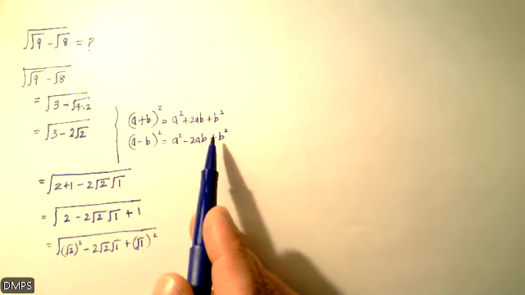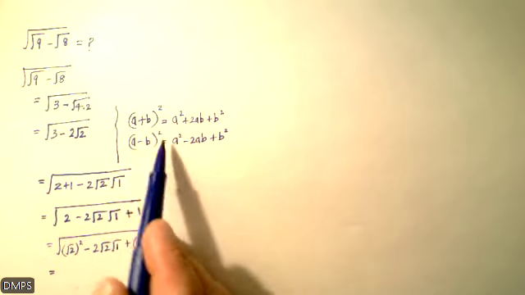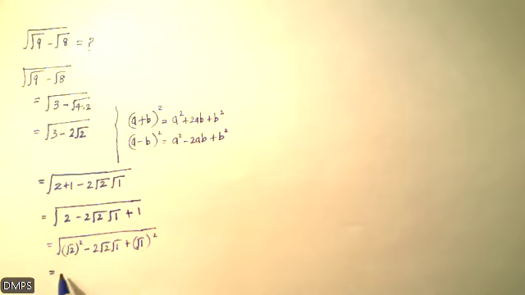Therefore, we can combine all three terms inside and write it as a complete square. It's a minus b squared form inside. Our a is root 2 and our b is root 1, so the complete thing is root 2 minus root 1, squared.